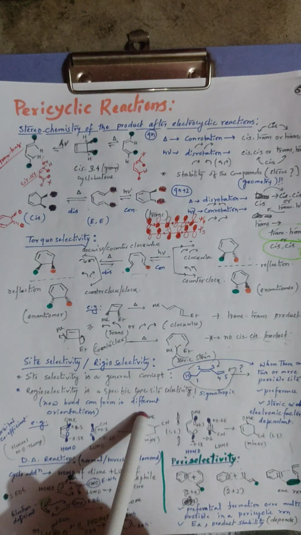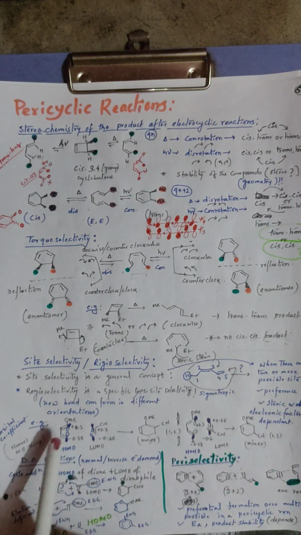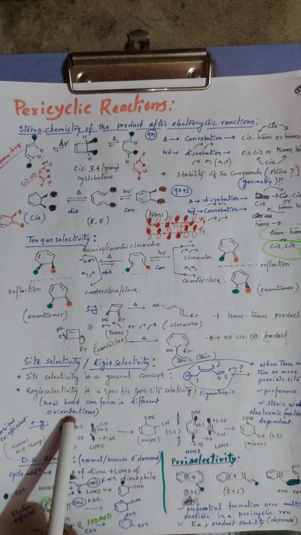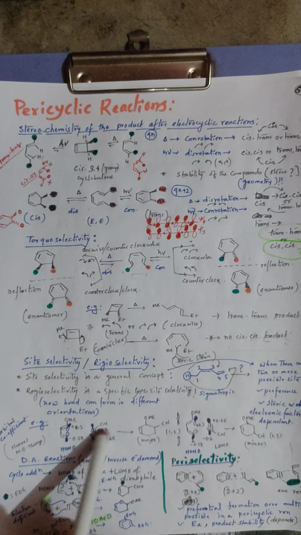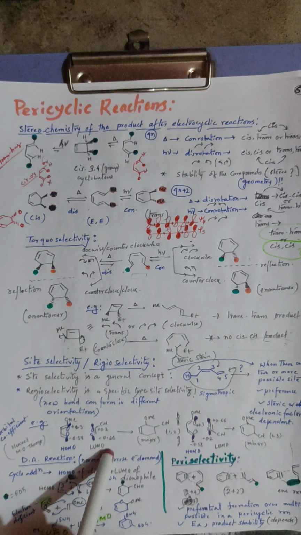Now we will explain the regioselectivity. This is the formation of a new bond, especially observed in cycloaddition reactions, in different orientation. Here is the 1,3-butadiene system, and another is the dienophile system, with HOMO and LUMO.